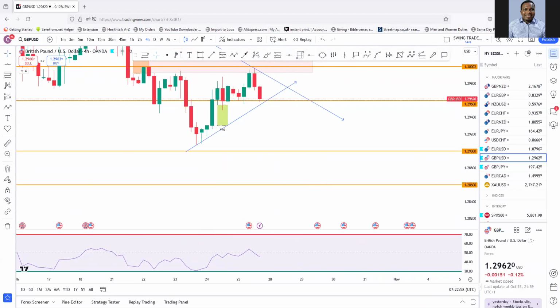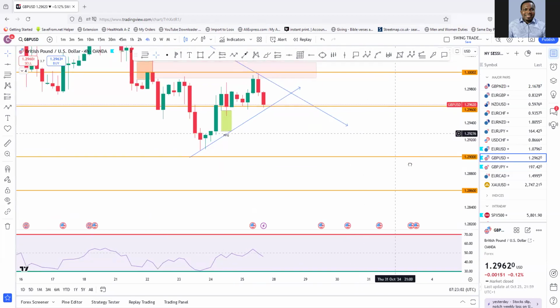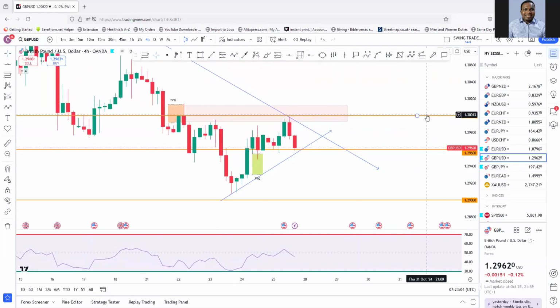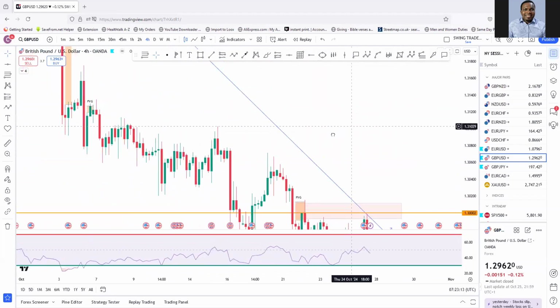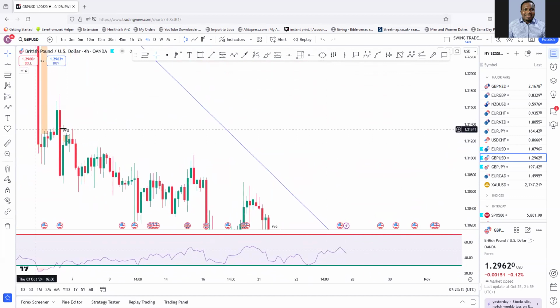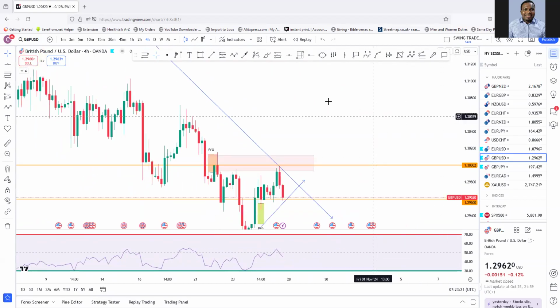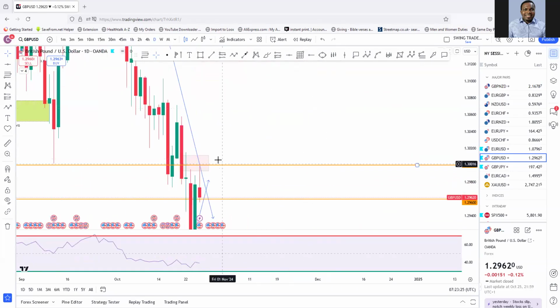First of all, looking at this fair value gap at 3,500, which is important. 3,500 is somewhere here. Okay, we have this zone. And that will be on the daily, 3,500.